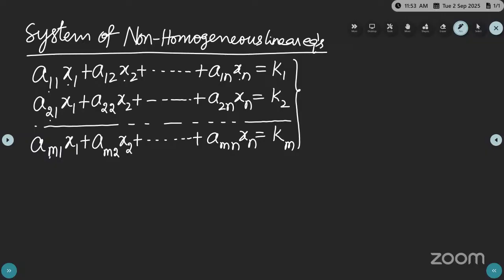Now x1, x2, so on xn in all the equations have a maximum power of 1. Hence we call these equations linear.